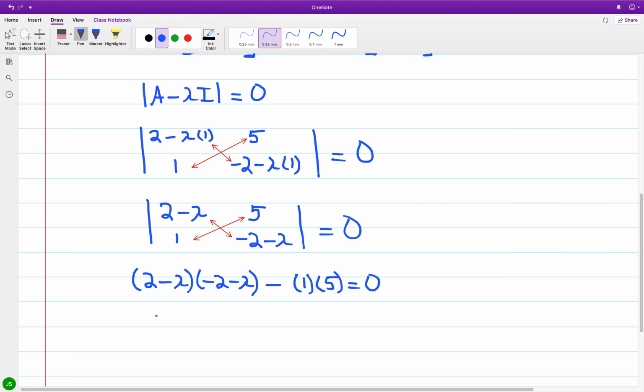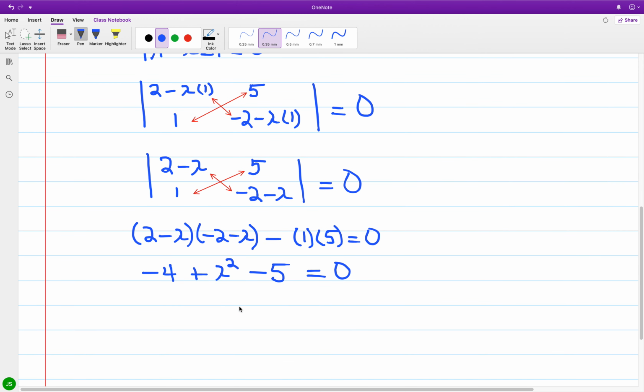So we have 2 times negative 2 is negative 4. Then minus 2 lambda plus 2 lambda will go out. We have plus lambda squared minus 5, equal to 0. And here we have lambda squared minus 9 is equal to 0. Looking at factoring, it doesn't matter what order you place these: lambda minus 3 and lambda plus 3 is equal to 0.